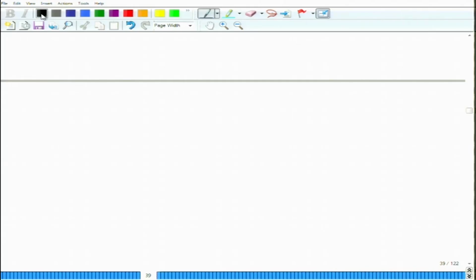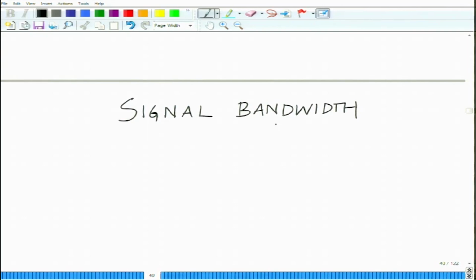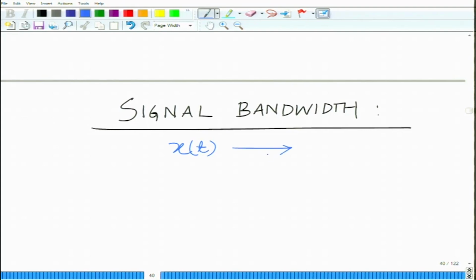Now, we can also define the signal bandwidth. So far we have defined the bandwidth of a filter. We can also use the same definition to define the bandwidth of a signal. Let us say we have a signal x(t) that has a Fourier transform X of omega.